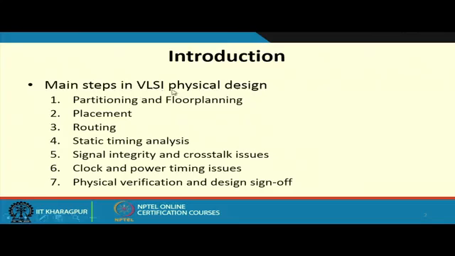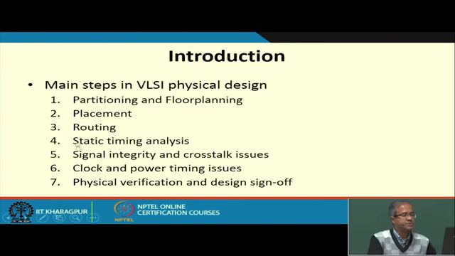If you look at the main steps in the VLSI physical design cycle, I have listed some here. In fact, these are specifically the steps which I shall be discussing in this course in significant detail.